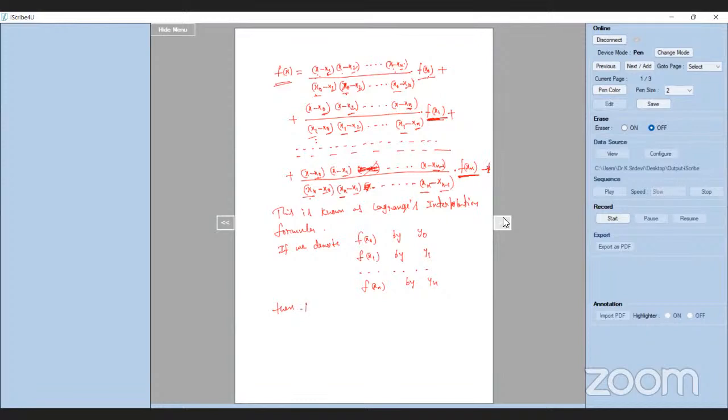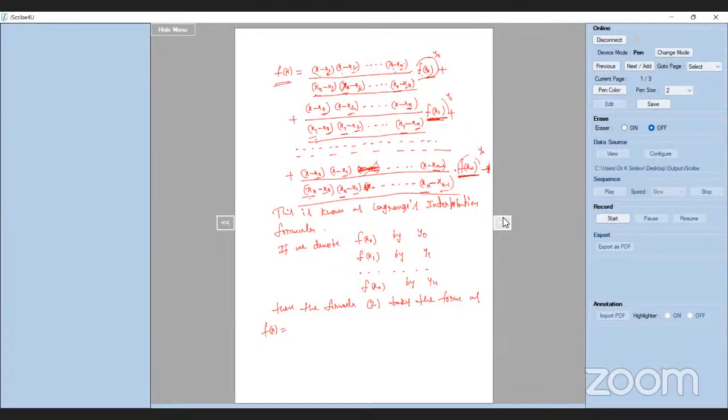Then Lagrange's formula 2 takes the form f of x is equal to, so this is same, this is same. Only the difference is here y0 will come, here y1 will come, here yn will come, like that.